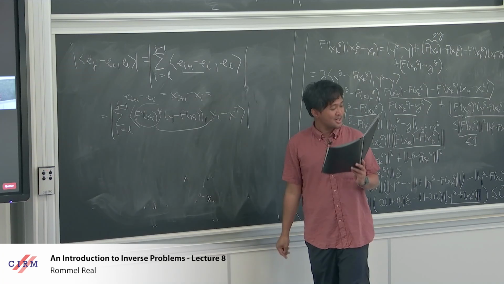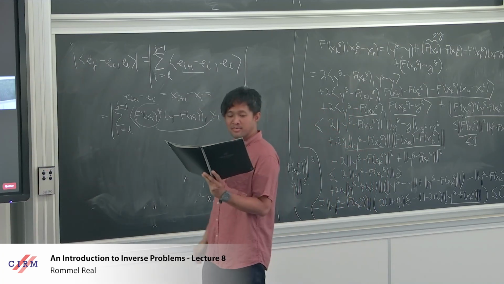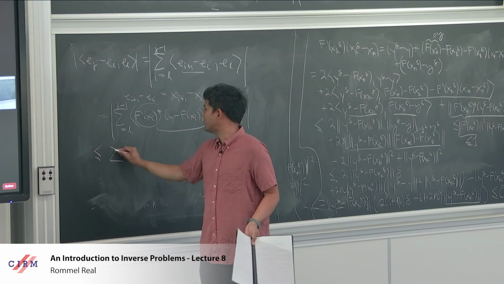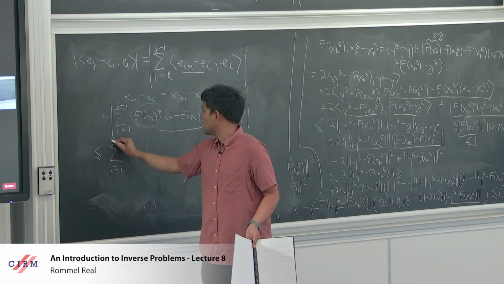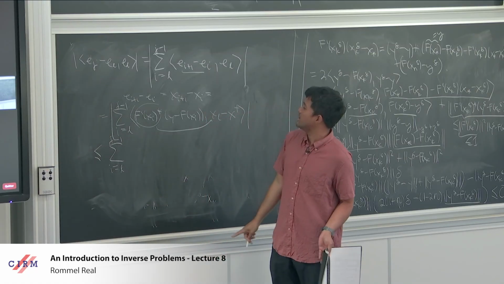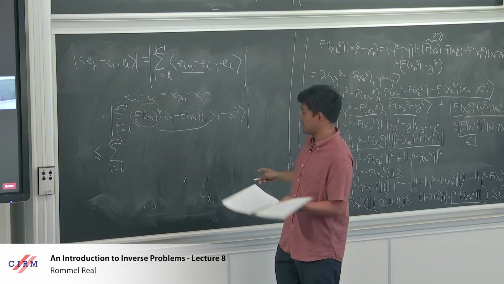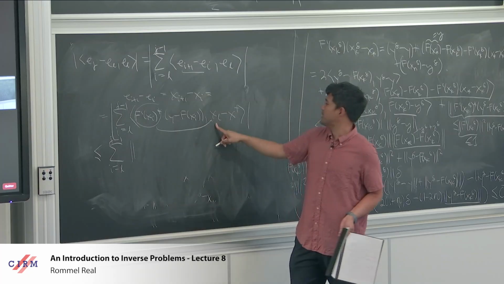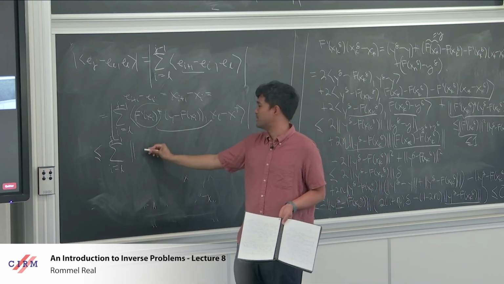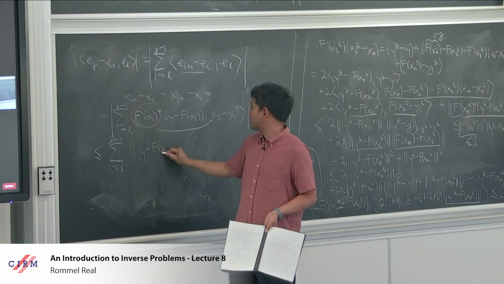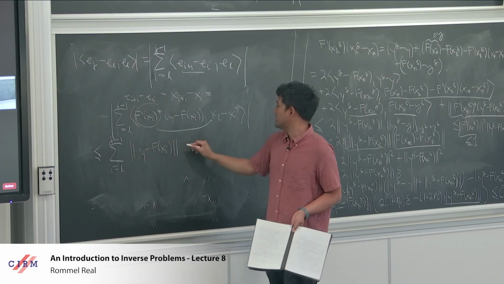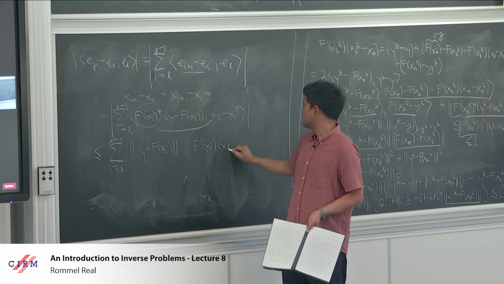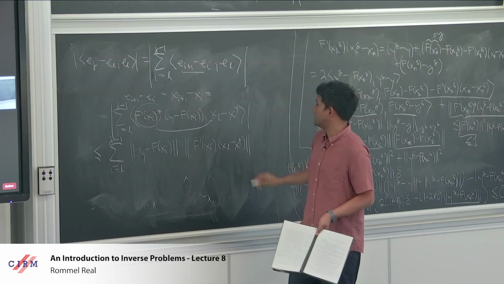And then by triangle inequality and Cauchy-Schwarz inequality, this will be less than or equal to the summation of, so I will just put this one here straight away, y minus f of x sub I times the norm of f prime of x sub I times x sub L minus x dagger.